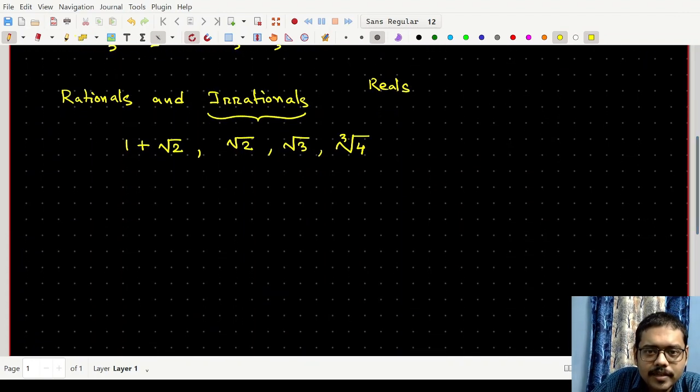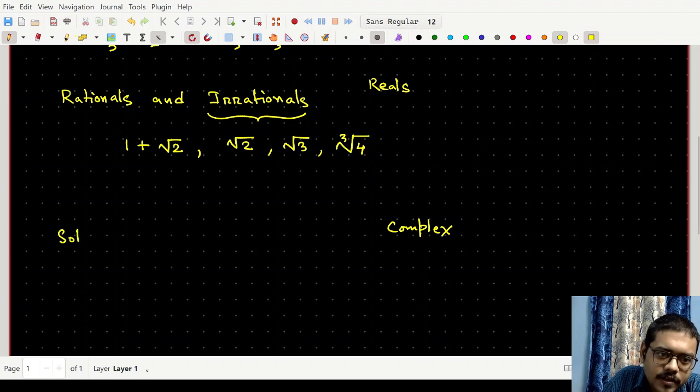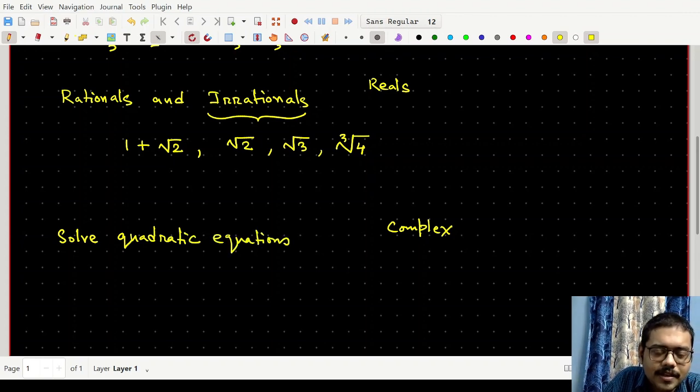And complex numbers are just the next step, where we can solve quadratic equations. And in fact, we can solve equations of any degree.